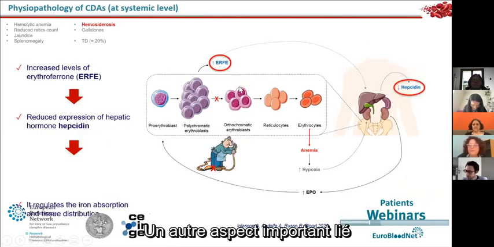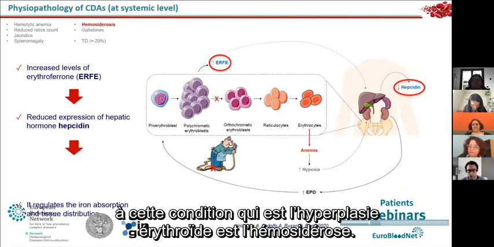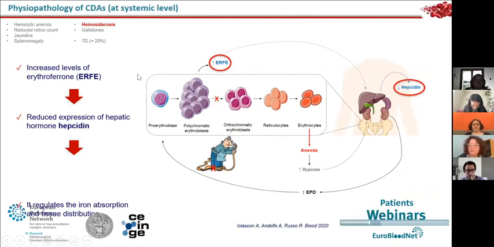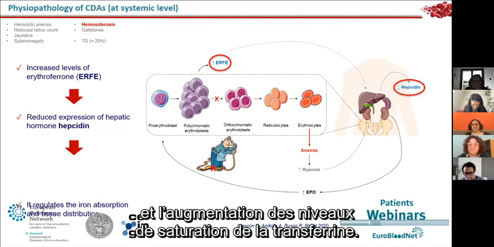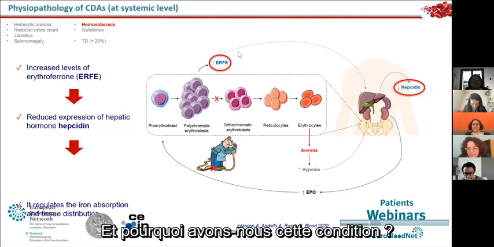And another important aspect related to this condition that is erythroid hyperplasia is the hemosiderosis. Hemosiderosis means increased levels of ferritin, as we will see, and also increased levels of transferrin saturation. And why do we have this condition?